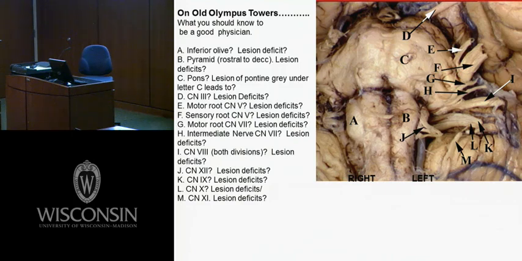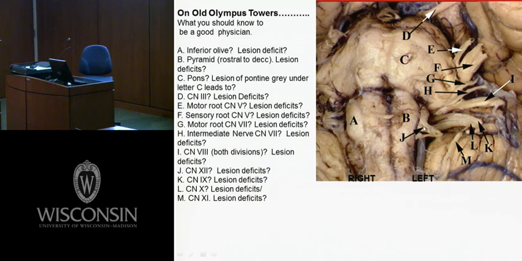I bet I could write, well, maybe 100 practice questions on this one slide. But I think, oh my gosh, I got lots of questions here. I don't know. Which ones are you worried about? I guess we should go through them. Should we go through them in order, or should we try to, I couldn't do it in reverse order.